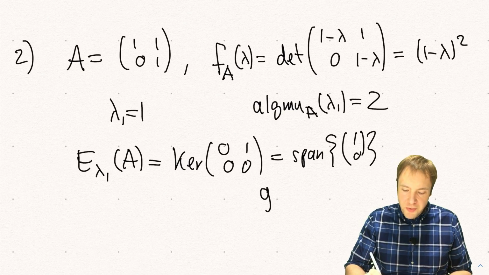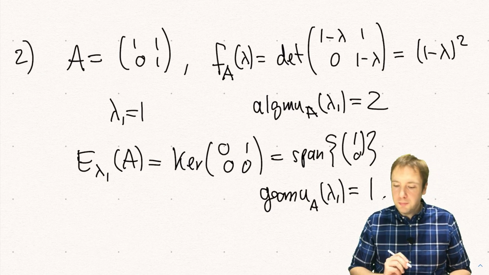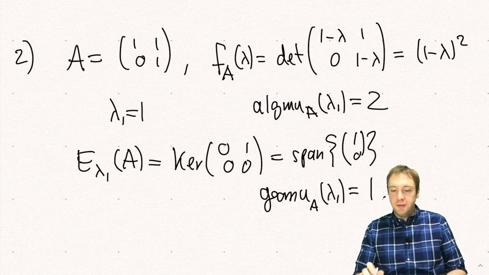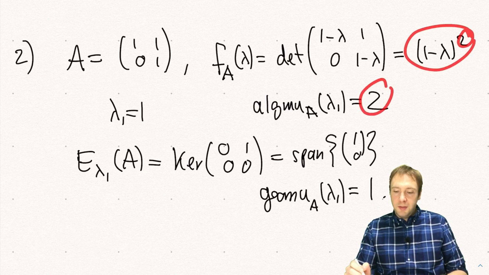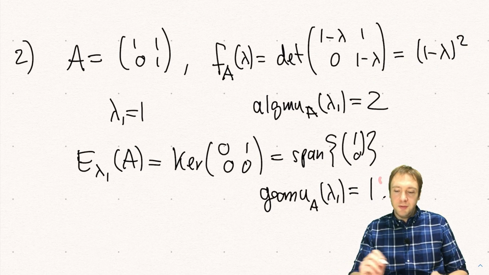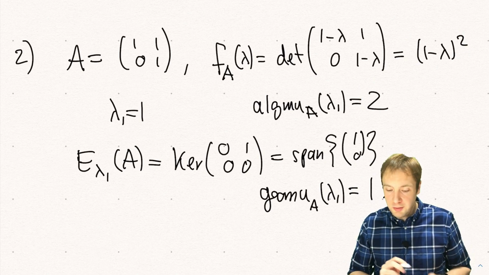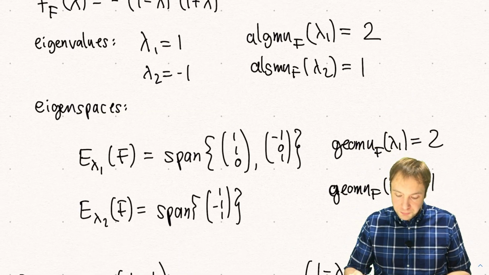And therefore the geometric multiplicity of this eigenvalue is 1. So in this case we see that the algebraic multiplicity is 2, but the geometric multiplicity is just 1. So the geometric multiplicity is smaller than the algebraic multiplicity, but they can also be the same.